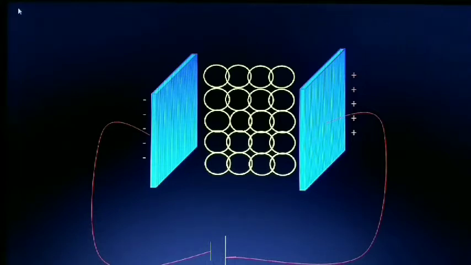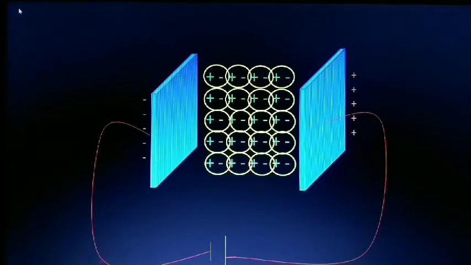When we apply an electric field, there will be a slight displacement of electrons and the nuclei within the atoms themselves. This kind of displacement of the nuclei, which are positively charged, and the electrons, which are the negatively charged particles, is known as the electrical polarization.